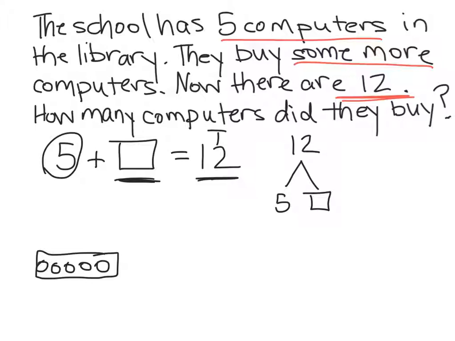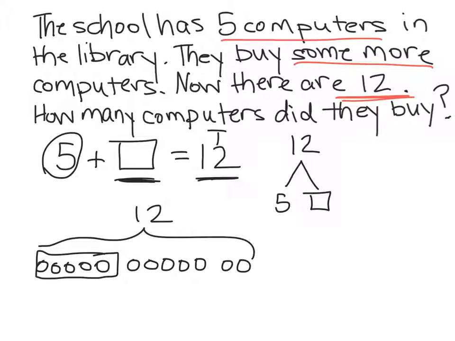So I'm going to keep adding my circles until I get to 12. So I have 6, 7, 8, 9, 10, 11, 12. So I have 12 computers all together, and this is the number of computers they had to add to get to 12.